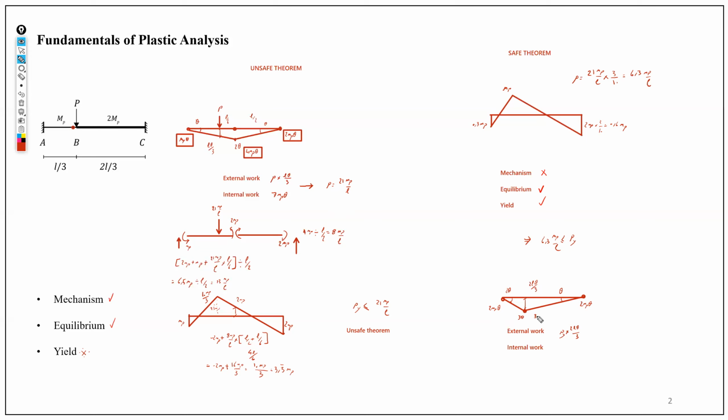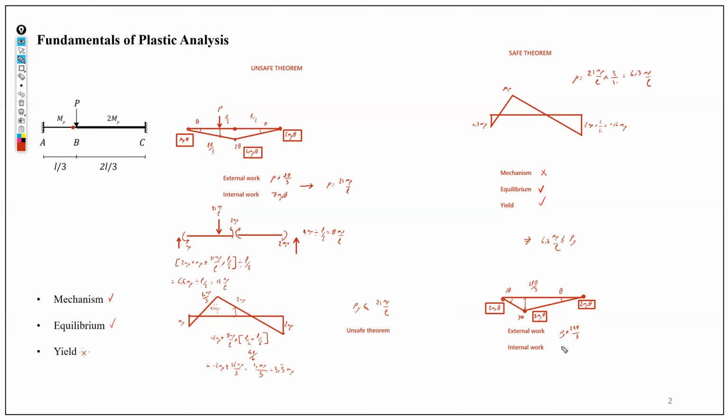Okay. These are dissipated energy inside this plastic hinge. Therefore, the total internal work will be the summation of these three numbers here that you can see.